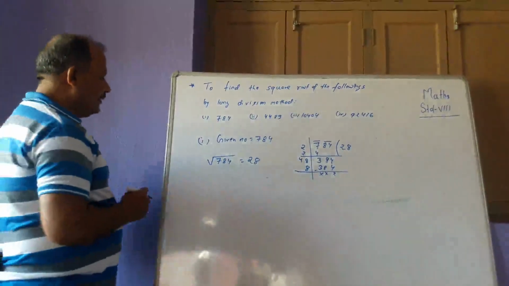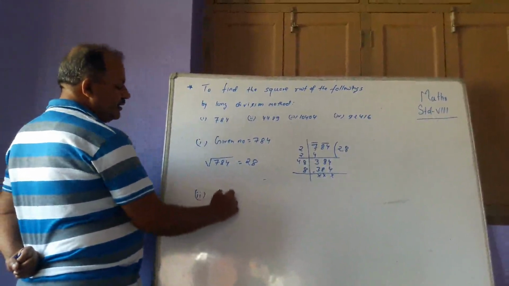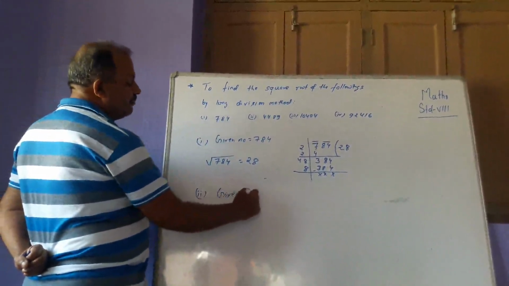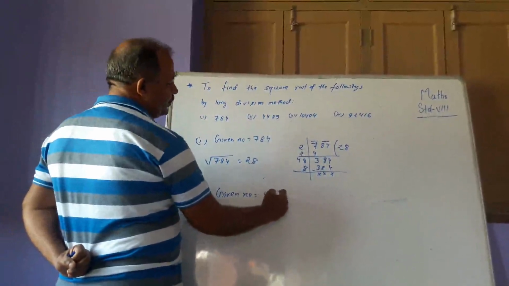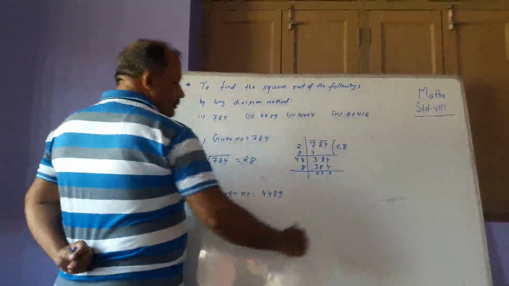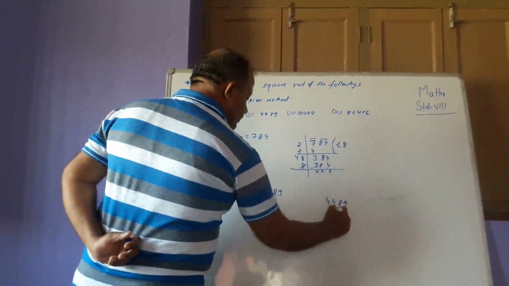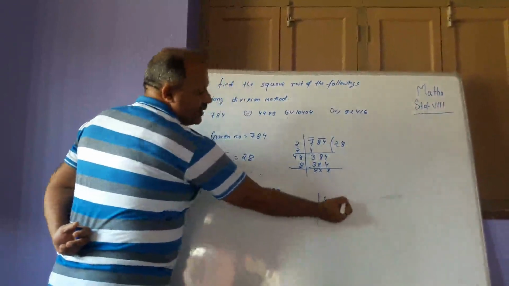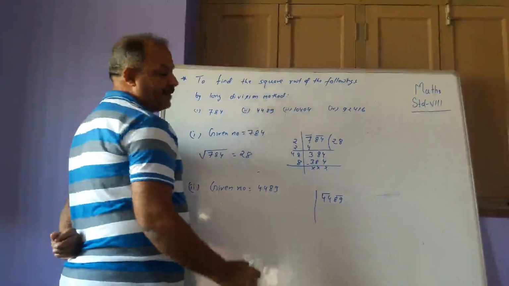In the same way, let us consider the second number. Given number is equal to 4489. Now we have to make groups of two digits from the right side. First pair, second pair.